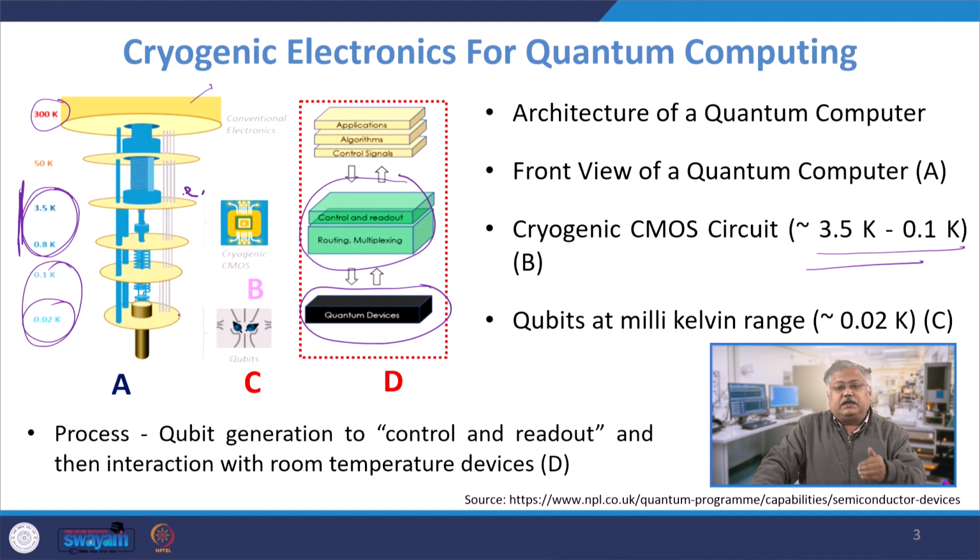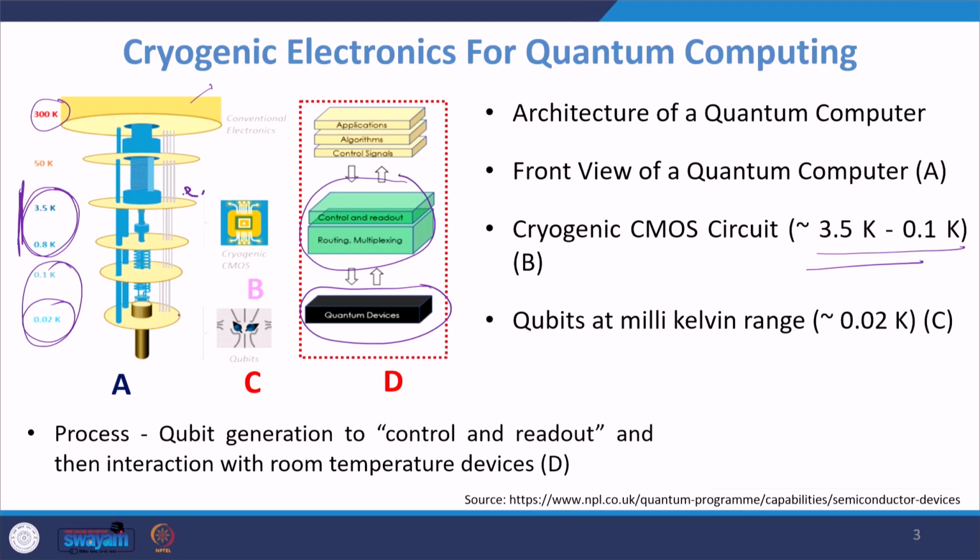Now the obvious question asked is, why do you require CMOS therefore to be at such a low temperature? And the reason is very simple. Let's think in a counterintuitive manner, and let's assume that my CMOS circuitry is kept at 300 Kelvin.